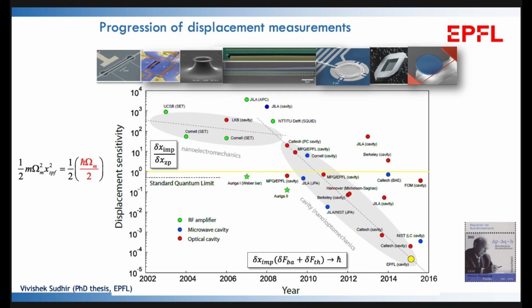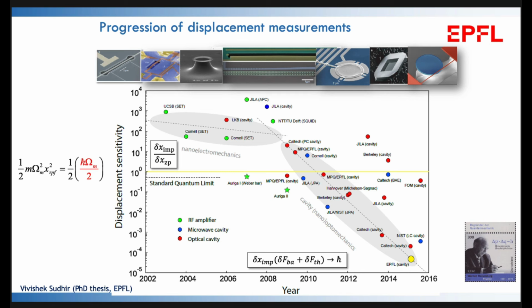Let's not go into the definition of the standard quantum limit, let's just take a very heuristic one: a signal-to-noise ratio of 1 to be able to resolve the zero-point motion of the oscillator. Historically, with electronics, atomic point contacts and SQUIDs, it's been challenging to reach the level of zero-point motion due to electronic noise, and that has really changed with optomechanical systems.